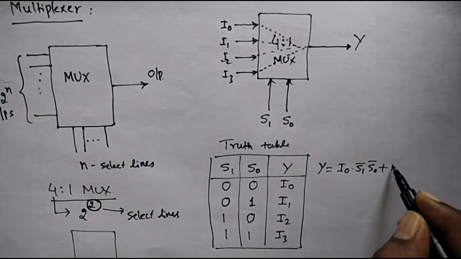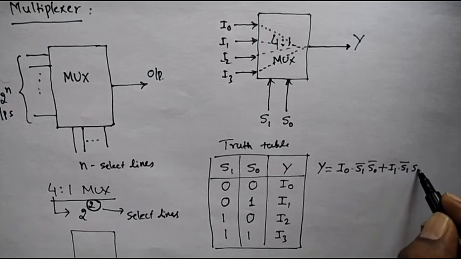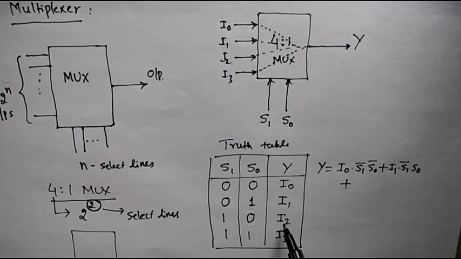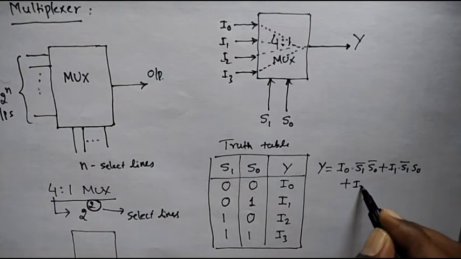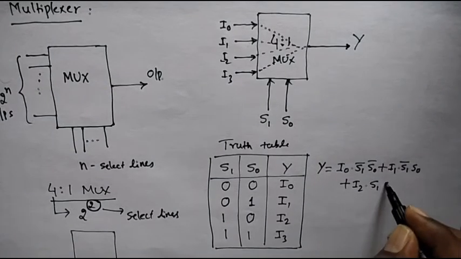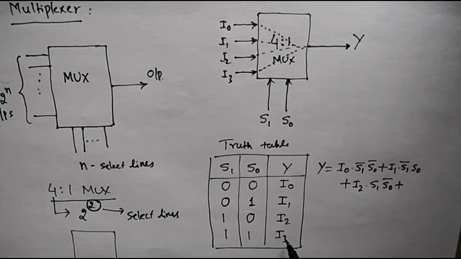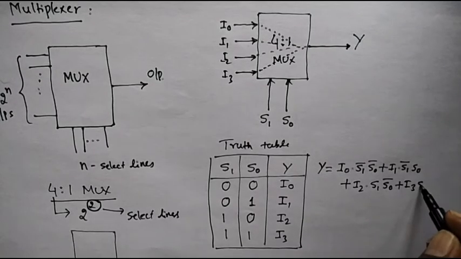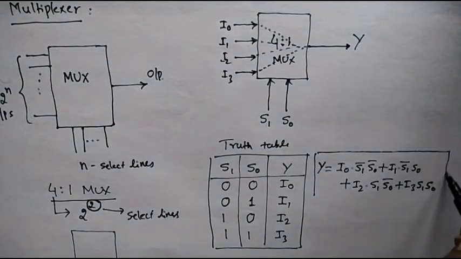I can write it as I1 dot S1 bar S0, plus for I2 the corresponding inputs are S1 and S0 bar, so I can write I2 dot S1 S0 bar, plus for I3 the corresponding inputs are S1 equal to 1, S0 equal to 1. So it is I3 S1 S0.